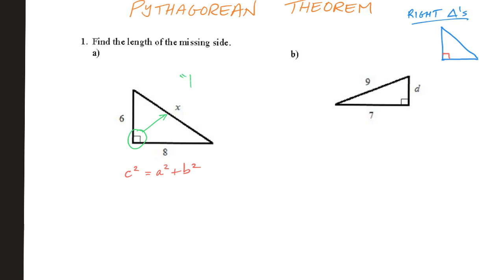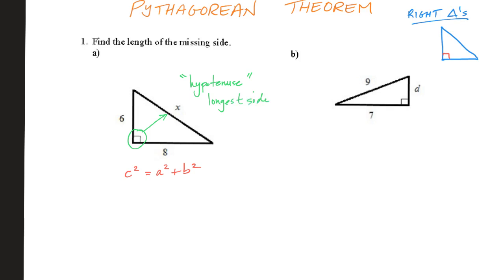And we should all be good that that side is called the hypotenuse. The only side in Pythagorean Theorem that has a designation, the only side in a right triangle that has a designation is the hypotenuse. By definition, that is the longest side.